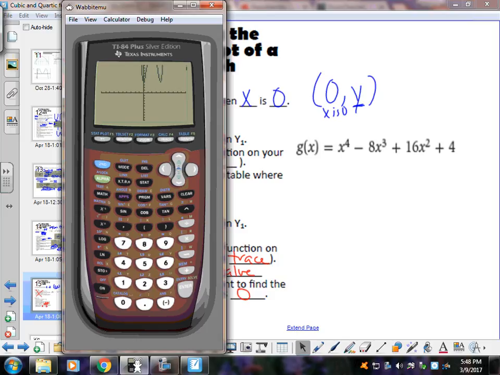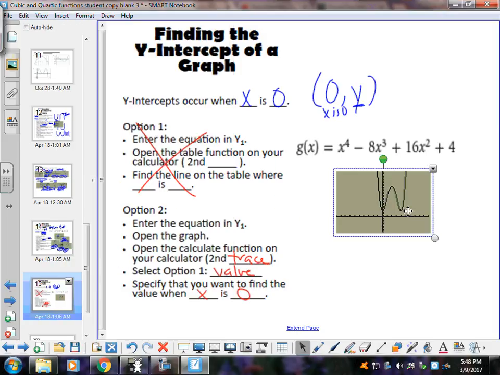And I can't see it, so I'm going to fix my window back up. I need to make y more on the top, so I'm going to do 30, graph. And now I can see it all. I don't really have to see it all because I'm not getting anything but the y where it crosses the y this time. Somewhere in here is where it crosses the y.